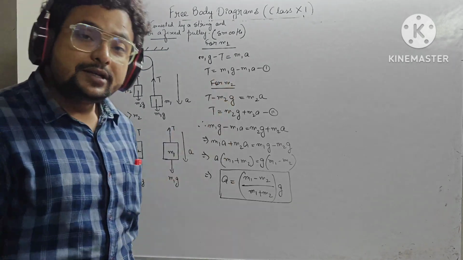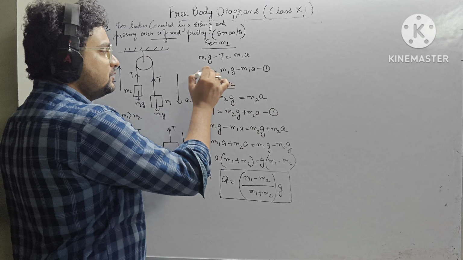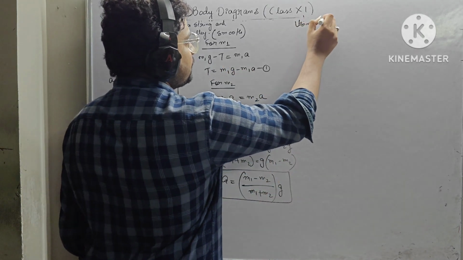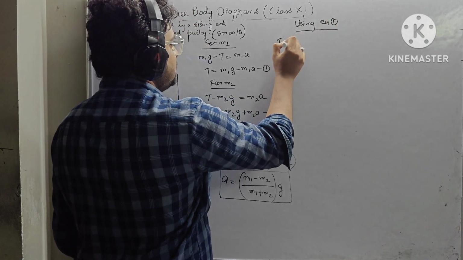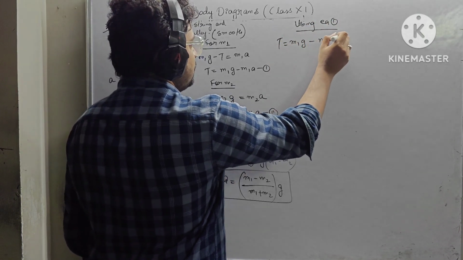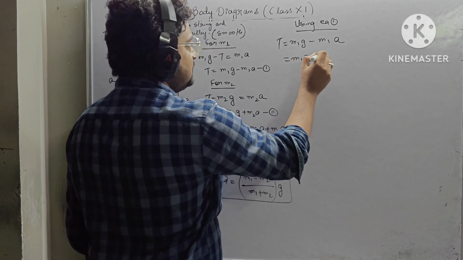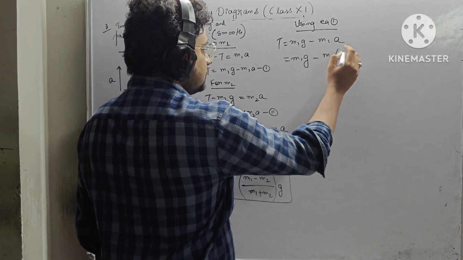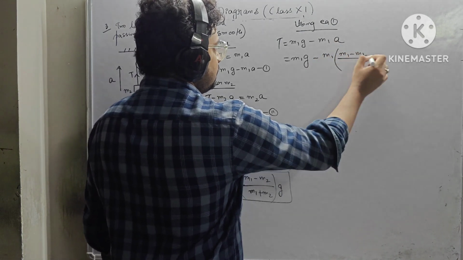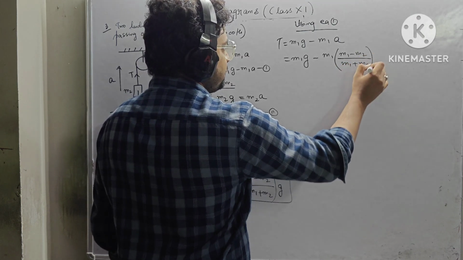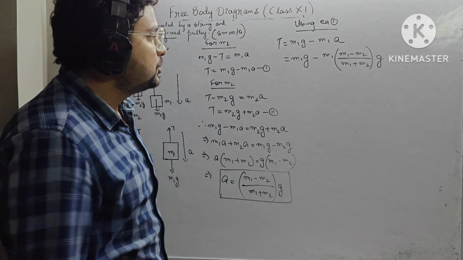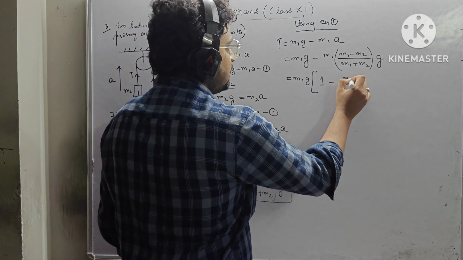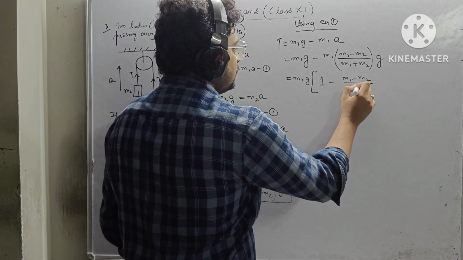But if I want, I can find out the tension also. Let us find out the tension. Any one equation we can use, either equation 1 or equation 2. So using equation 1, tension is equal to M1G minus M1A. That is equal to M1G minus M1 into (M1 minus M2) by (M1 plus M2) into G. So what we can do, M1G we can take common, 1 minus (M1 minus M2) by (M1 plus M2).